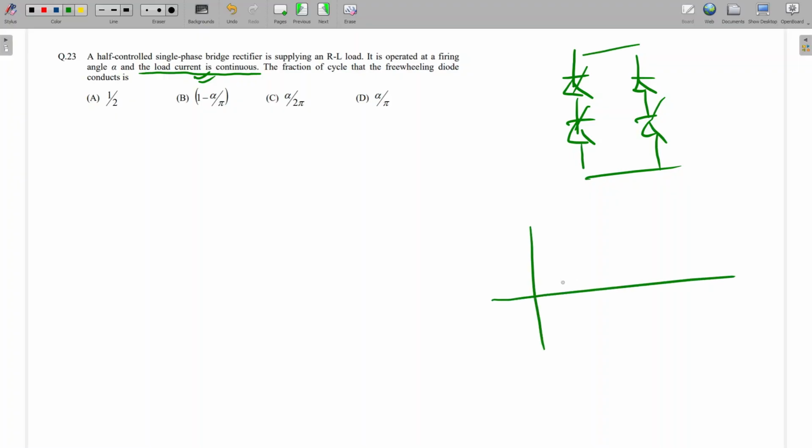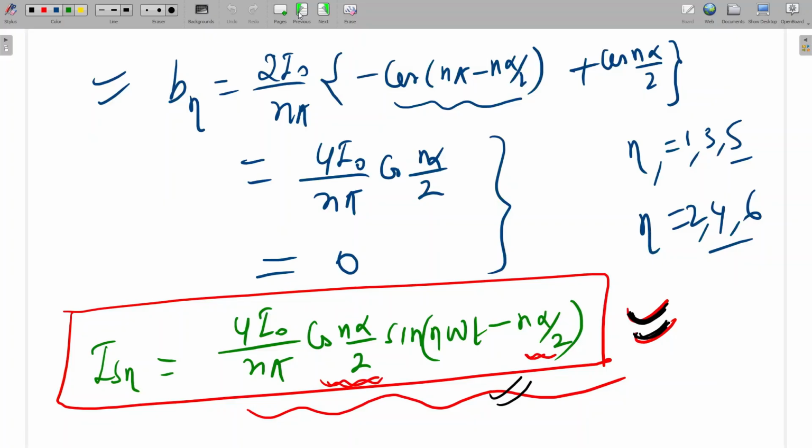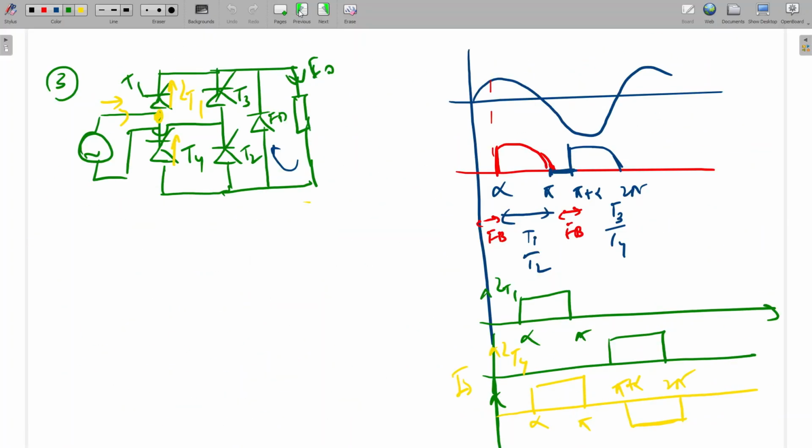So 0 to alpha, the freewheeling diode. See, I will move to that, where I have drawn the waveform. 1 second. This is the waveform. See, the freewheeling diode is conducting from here to here and here to here. So in a 2 pi cycle, the freewheeling diode conducts for 2 alpha.